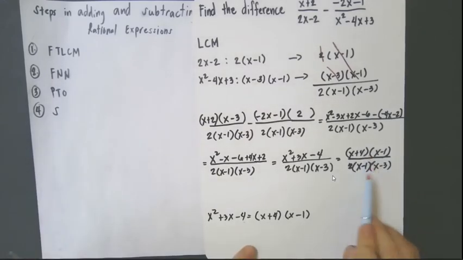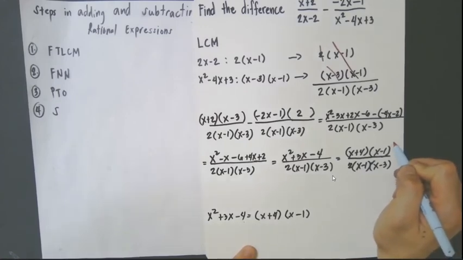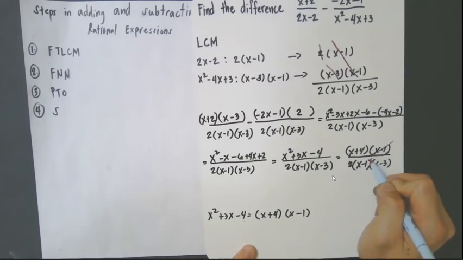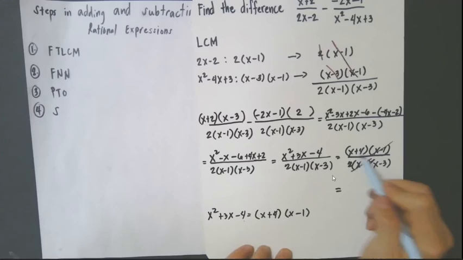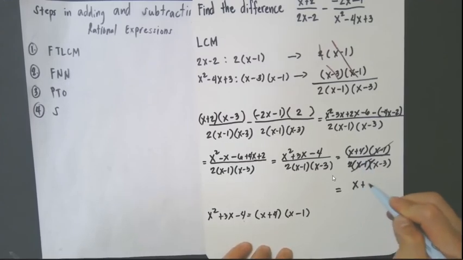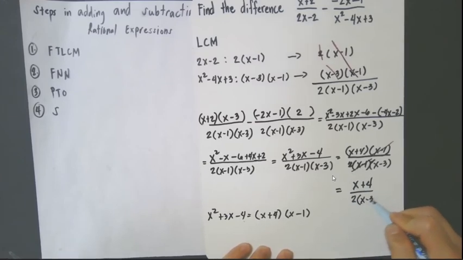So we can cancel that. So cancel your x minus 1 and your x minus 1 here. So your final answer will be x plus 4 over 2 times x minus 3.